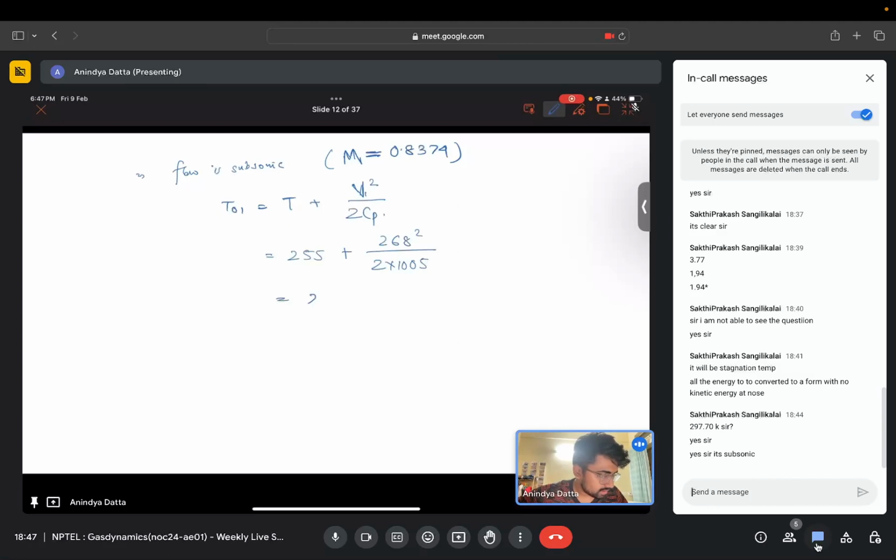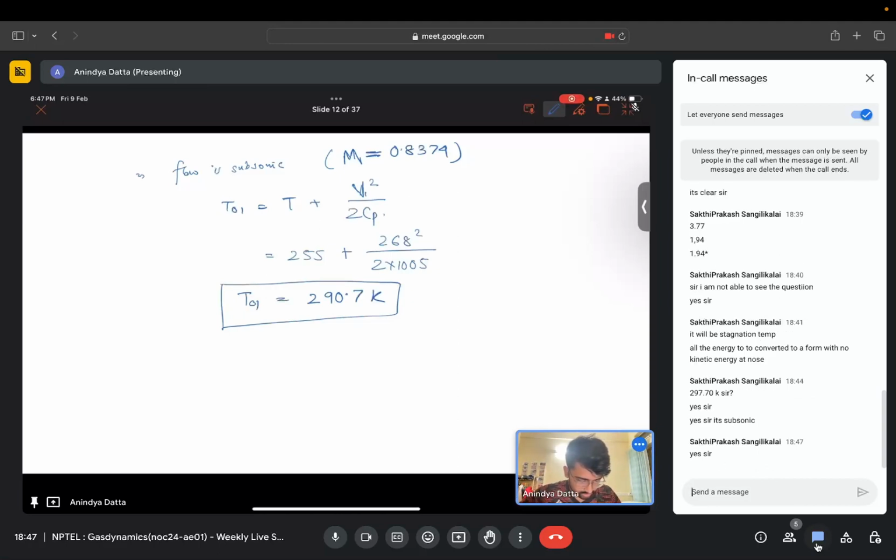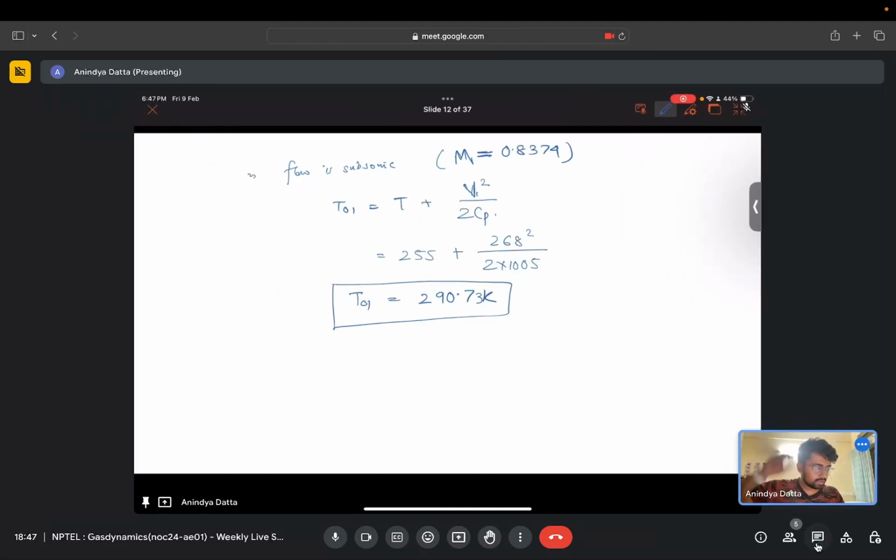Yeah, I'm getting 290.7 Kelvin. Let me check this, just let me compute this again and check. Yeah, we are getting 290.73 Kelvin.